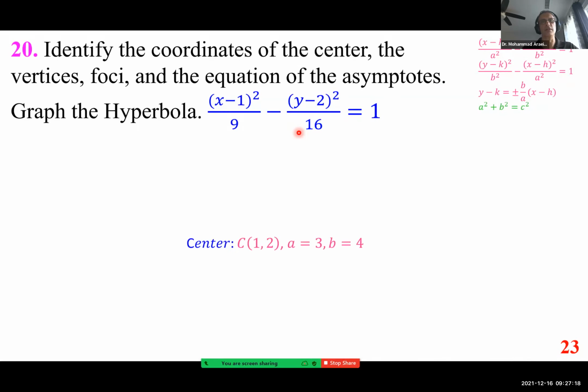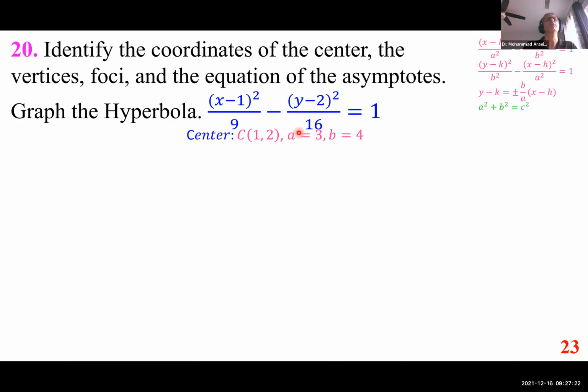So that's the first thing. Center, a equals 3, b equals 4. And because this thing is positive, in other words, the coefficient of x, or in this case, x minus 1 quantity squared, is positive, then it opens sideways. That's the idea.